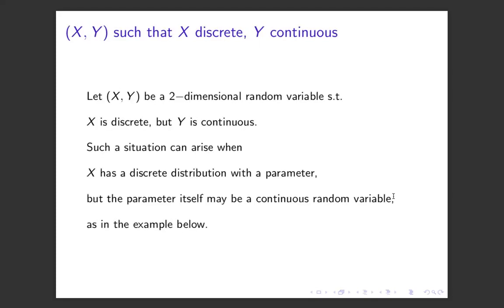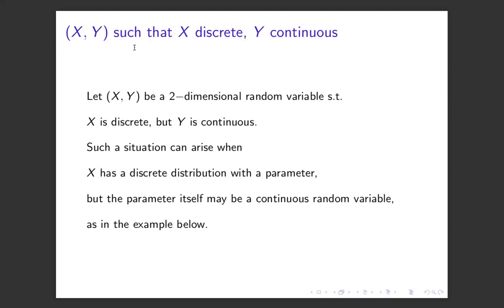This kind of situation will typically happen when, for example, X has a discrete distribution with some parameter, but the parameter itself may be a continuous random variable.